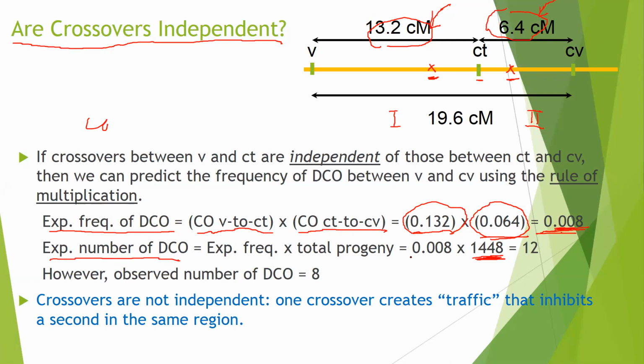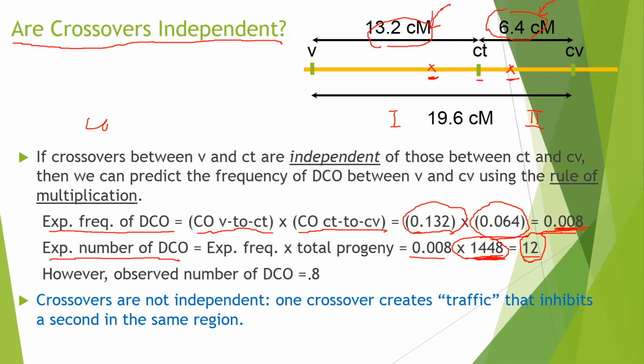It should be this number multiplied by the total number of progeny, which is 12. All right. So how do we understand this? This 12 means if the crossover in region 1 is totally independent of the crossover in region 2, then we are supposed to see this many progeny carrying a double crossover.